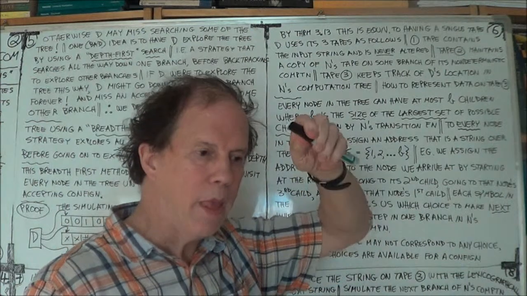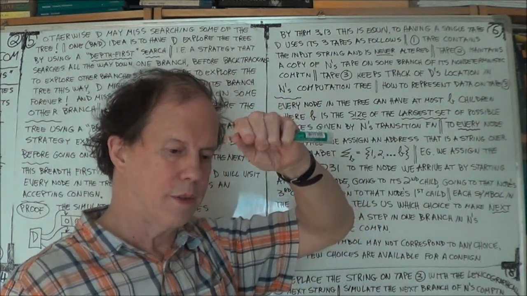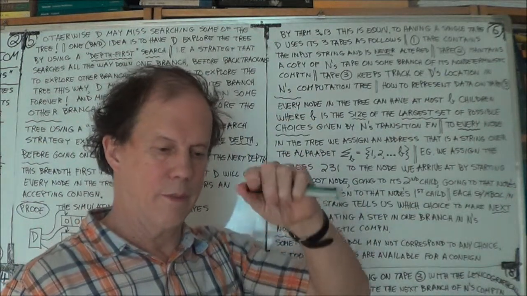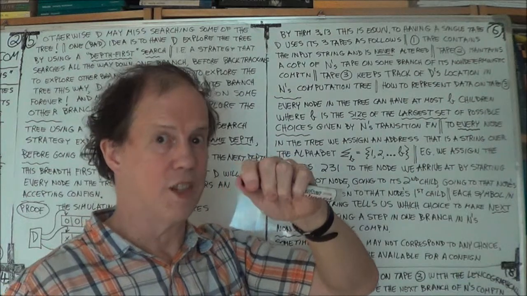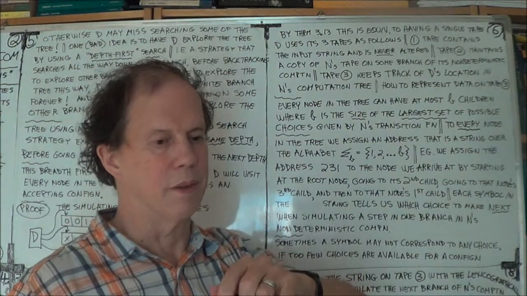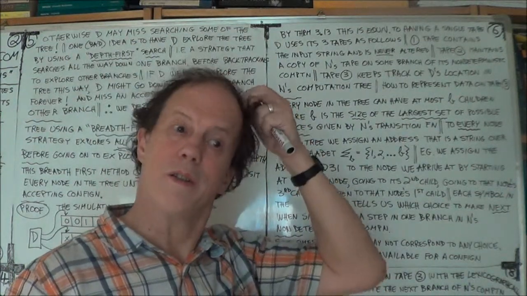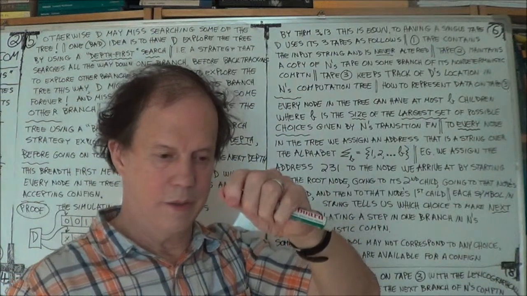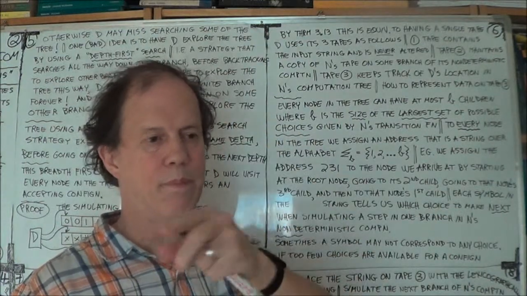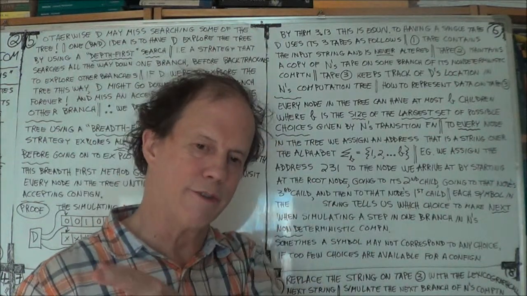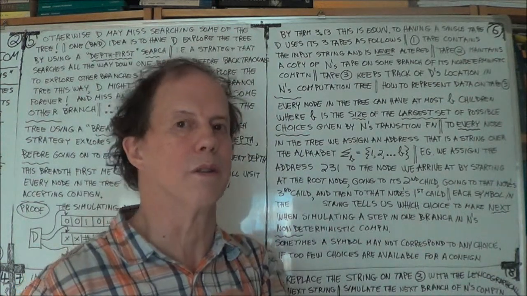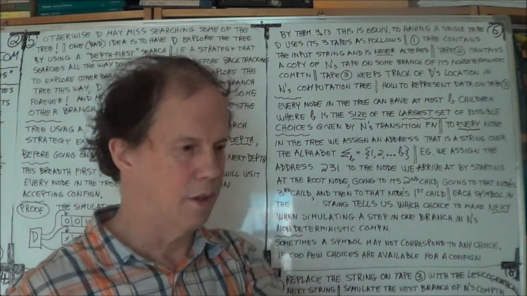Because remember, each node has its configuration, and from that and the transition function, you can figure out what the configuration will be for the next node, using the current configuration and the necessary parameters in the transition function, and then you can calculate the configuration for the child nodes.